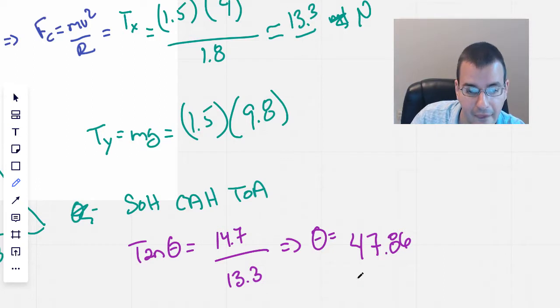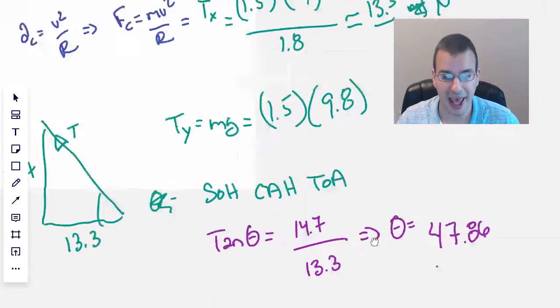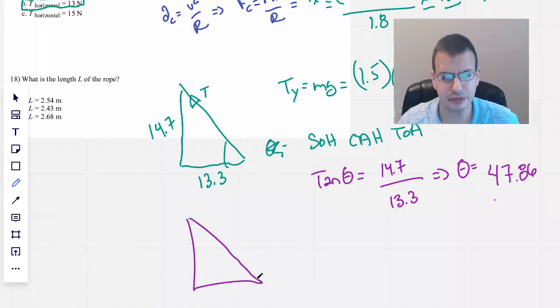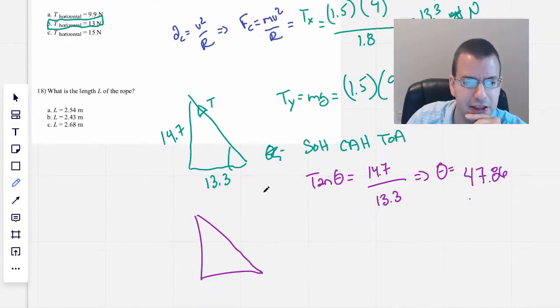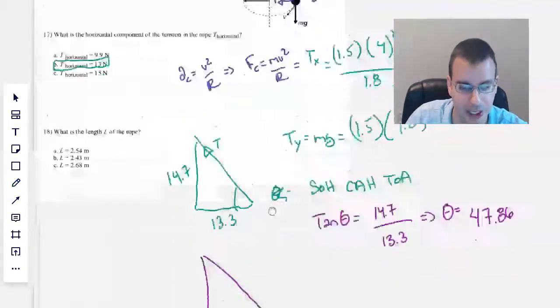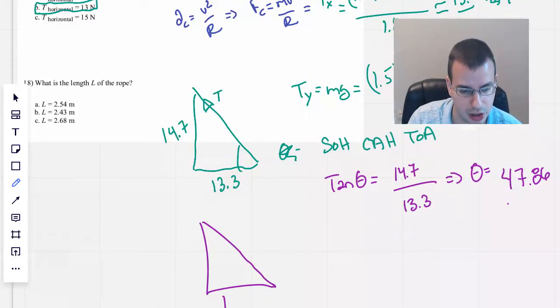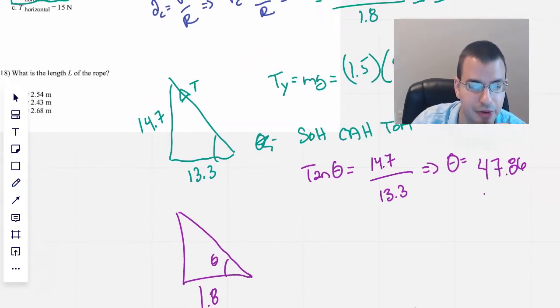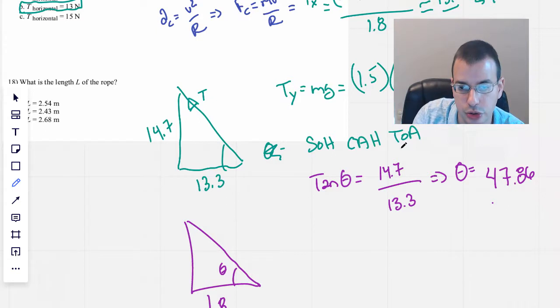Check to make sure I'm right. Yeah, close enough. Okay, so now that we have that, this is going to be the similar triangle to the lengths, because it's the lengths that determine these proportions. So we're going to have a radius of 1.8. This radius is right here, 1.8. And now that we know the angle, it's a right triangle, and with one of the sides, we can figure everything out. In this case, we have adjacent and we want hypotenuse.